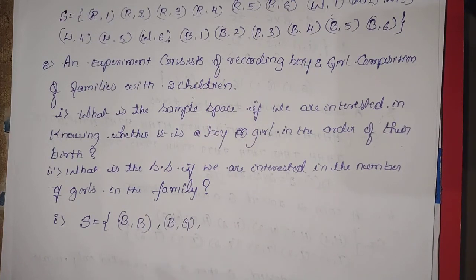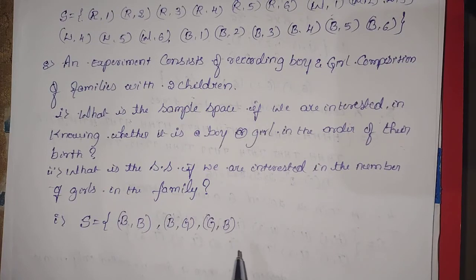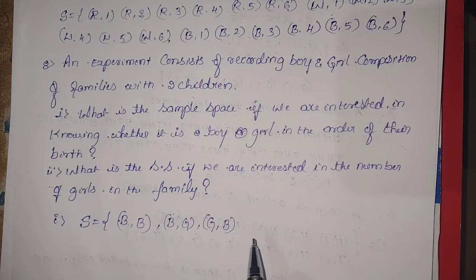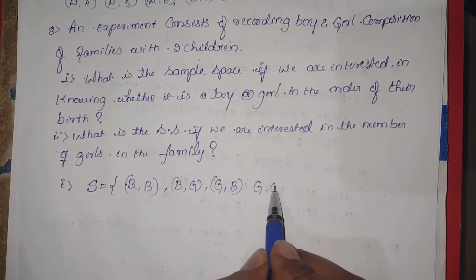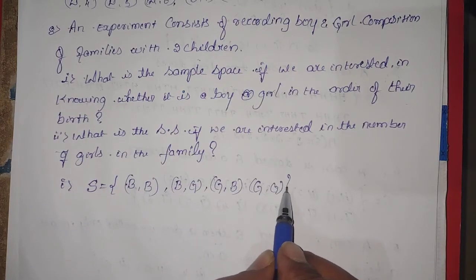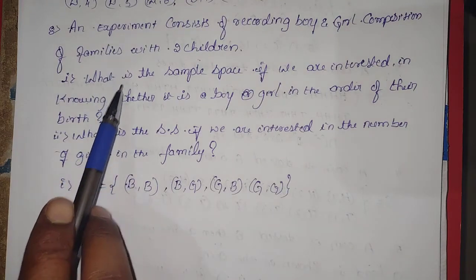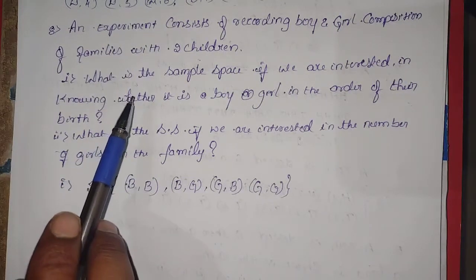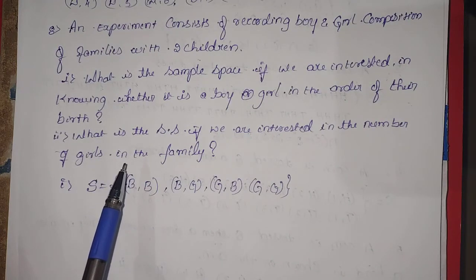Maybe the first baby is a girl, the second one is a boy. This is also one of the possibilities. Do you know one more possibility? Yes, very good. Both are girls, GG. So this is very simple. See, this is your sample space. The question is very lengthy. If you understood the question, definitely you will get the solution. Otherwise, you can't. Clear?